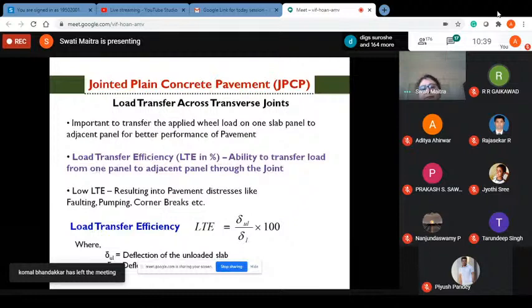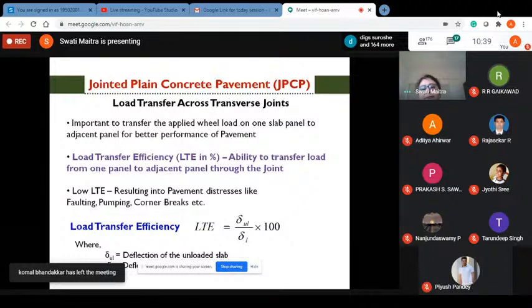So this is called the zero stress temperature gradient, and it has been found that it is almost equal to a 5-degree negative temperature gradient. That means it is assumed to be equivalent to a 5-degree temperature gradient, which opposes the downward curling of the slab. So this is called zero stress temperature gradient, and in the design we will use this.